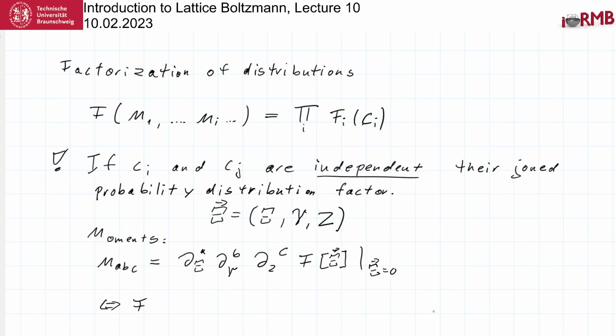So now the moment generating function can be written as this series a, b, and c to infinity.